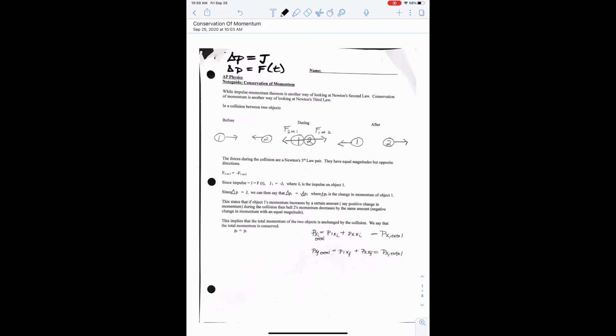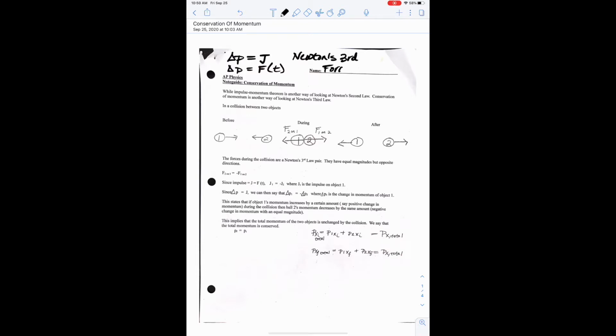But this time, conservation of momentum is based on Newton's third law, which stated that for every action there is an equal and opposite reaction.